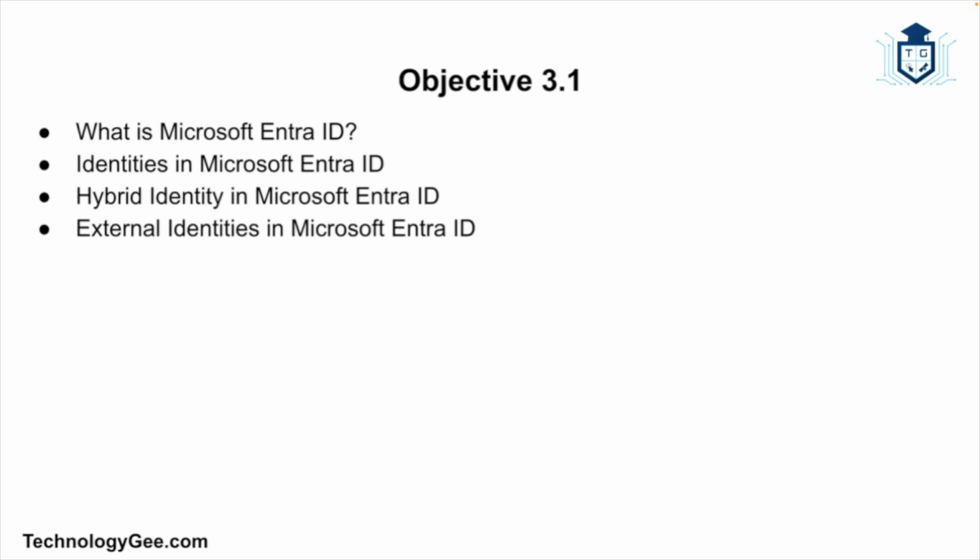In this video, we're going to explore the functions and identity types that are supported by Microsoft Entra ID, focusing on how it enables organizations to manage access and security efficiently. By understanding these aspects, IT professionals can effectively prepare for the Microsoft 365 Certified Fundamentals examination.